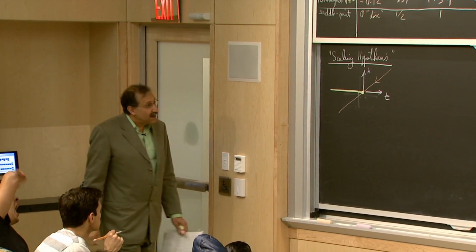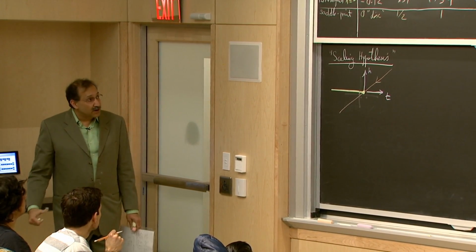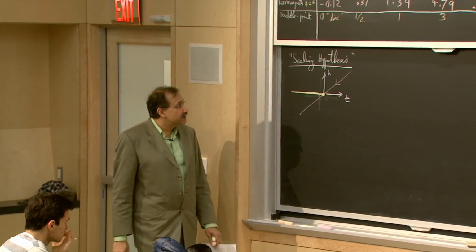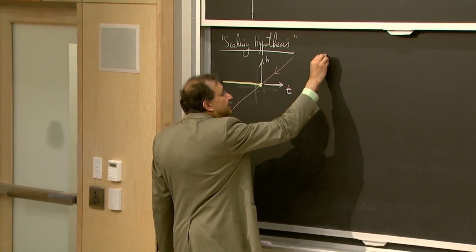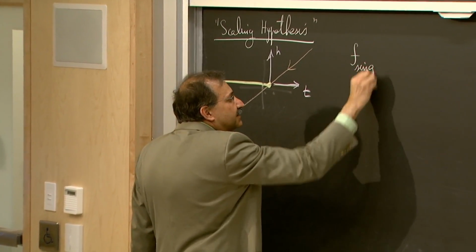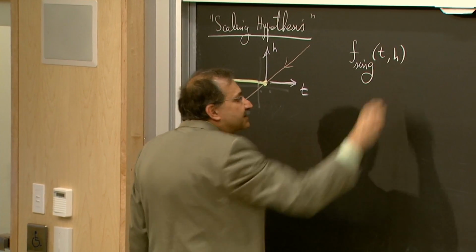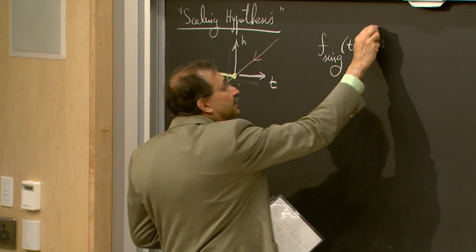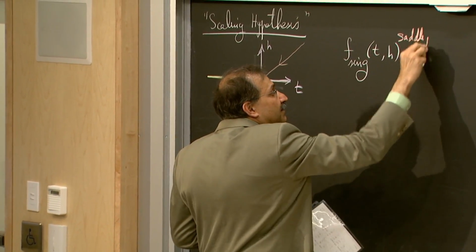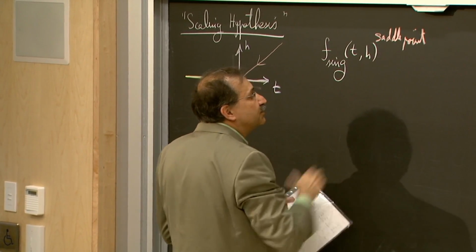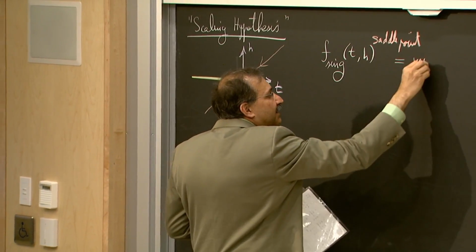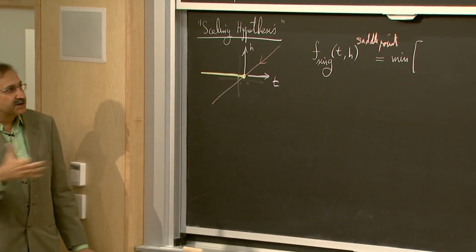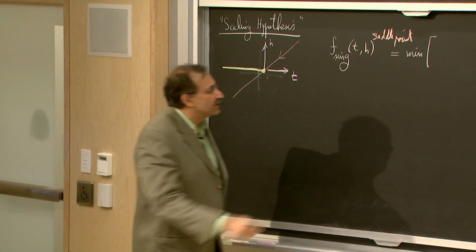Well, we could actually answer that if we go back to our saddle point approximation. In the saddle point approximation, we said that ultimately the singularities in terms of these two parameters T and H are obtained by minimizing this function that was appearing in the expansion in the exponent.